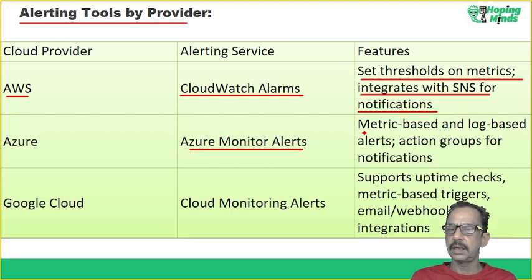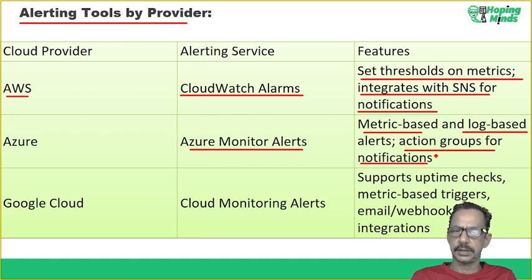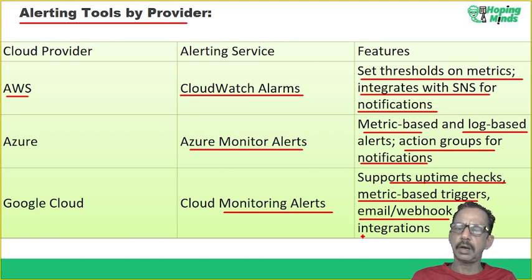We can also set metric and log based alerts, with an action group to notify the concerned person. For Google Cloud Monitoring, there are alerts, uptime checks, metric based triggers, email, webhook integration. All is the same. The purpose is the same.